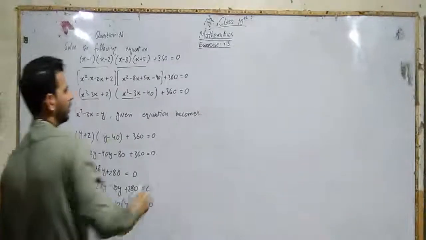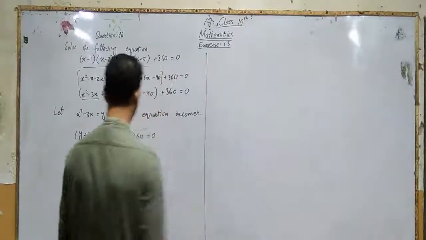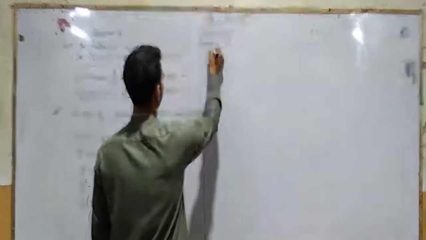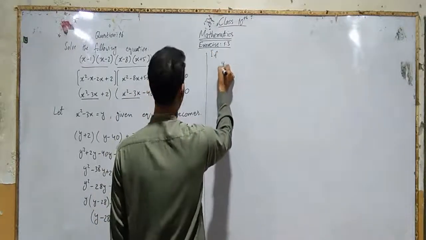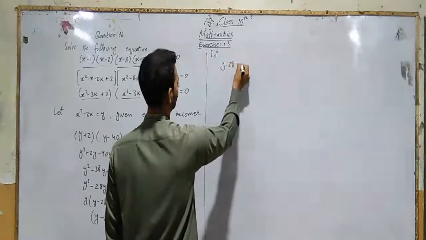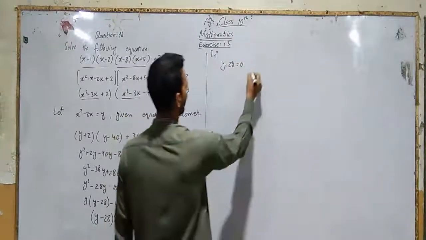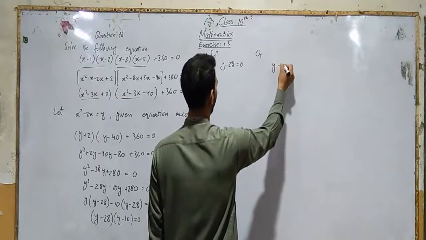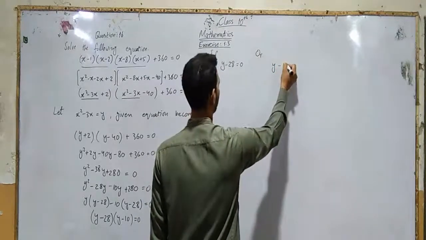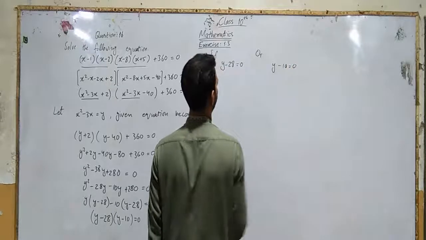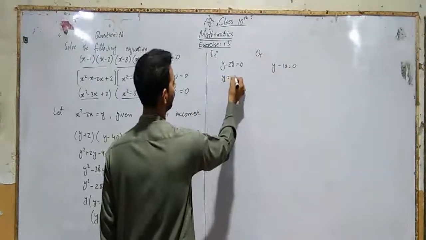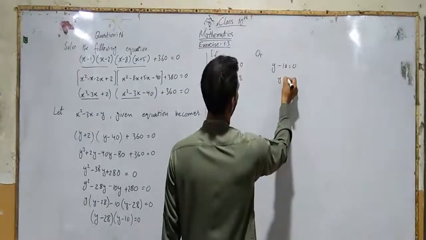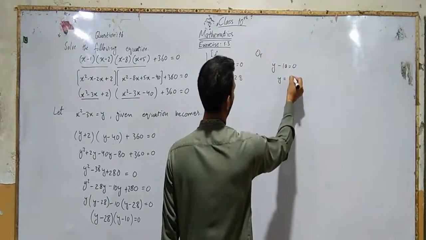Now we will get the value of y from here, so we will write both equal to 0. If y minus 28 equals to 0 or y minus 10 equals to 0, so y is equal to 28 and y is equal to 10.